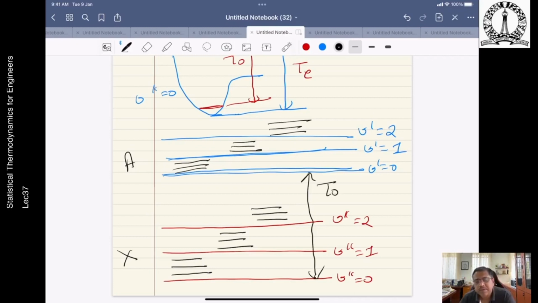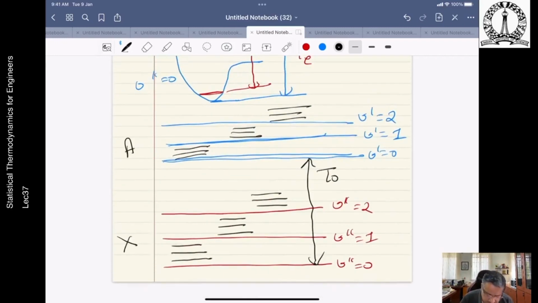All right, and then you look at the different transitions. So this is the diagram.